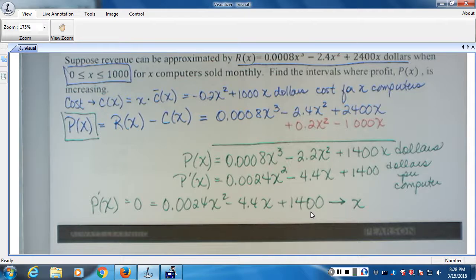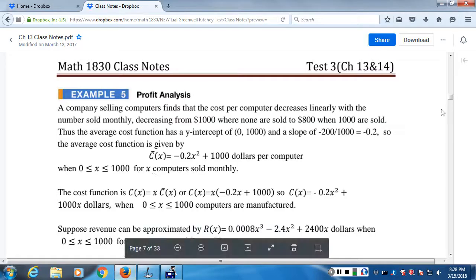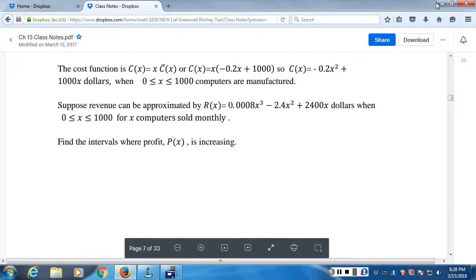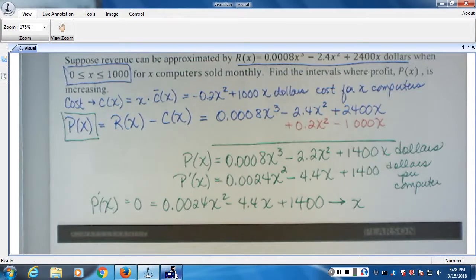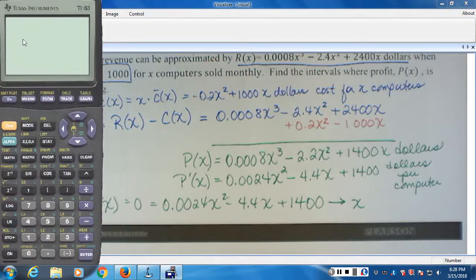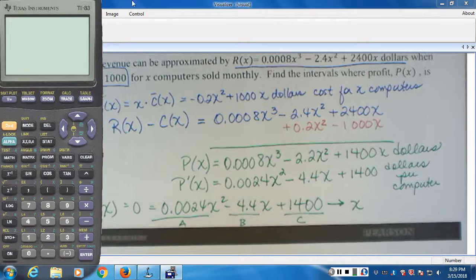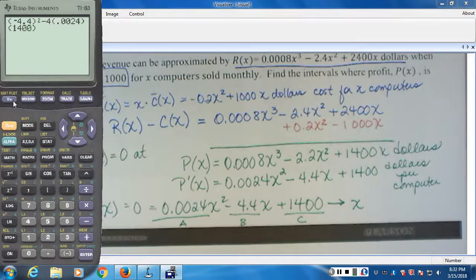That does not look like something I will be the least bit interested in. So if I was going to do that, I think I would want to do quadratic formula. If I was thinking ahead, I actually gave you the answer on the notes, but I bet I didn't. Nope. Dagnabbit. Okay, here we come, calculator. This is A. That's B. That's C. And there's B squared minus 4AC.